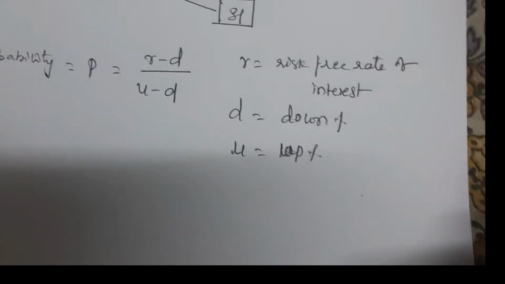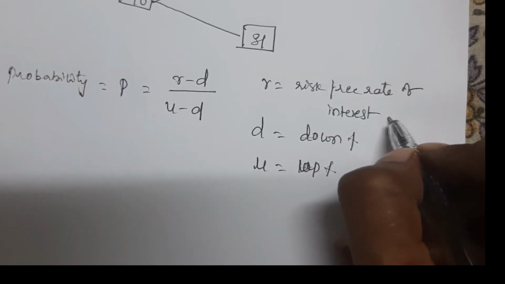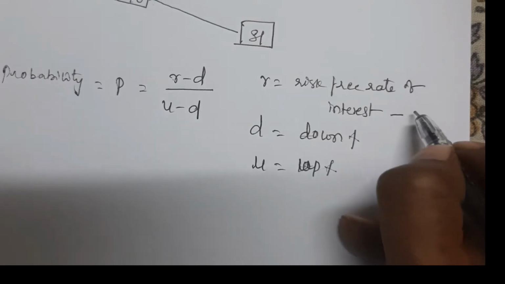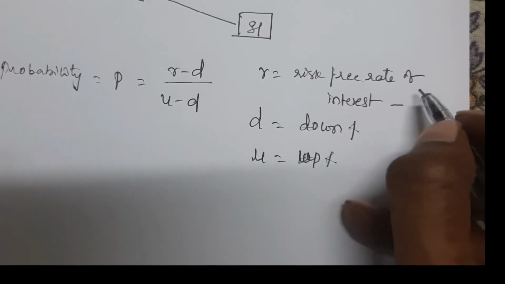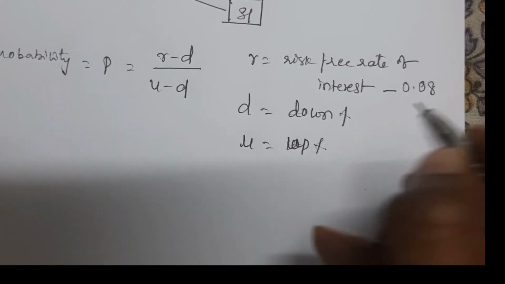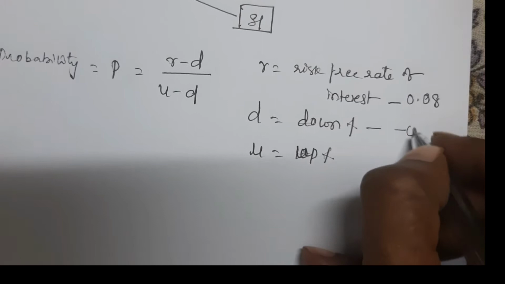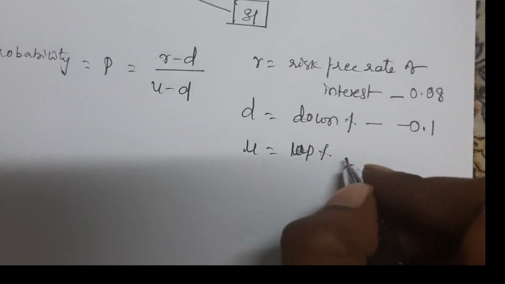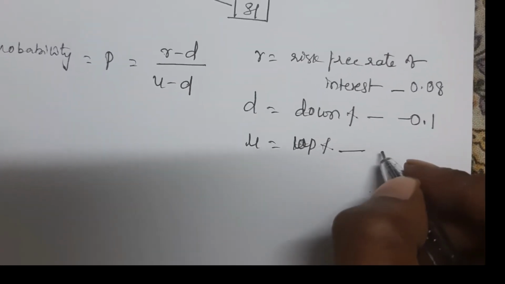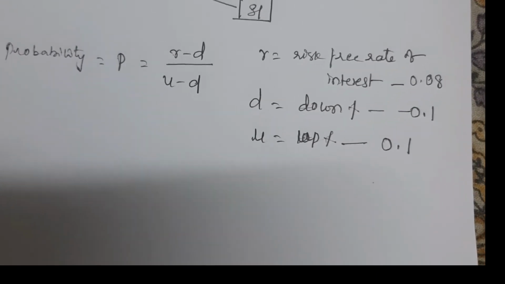Given in the sum, the risk-free rate of interest is 8%, which is 0.08, down by 10% means minus 0.1, and up by 10% means plus 0.1.